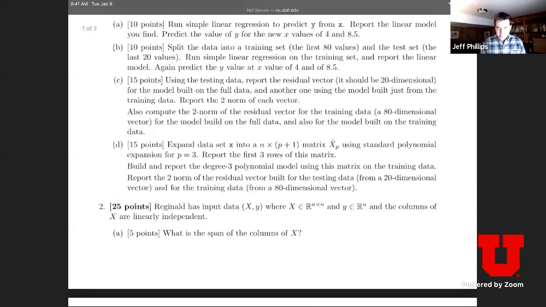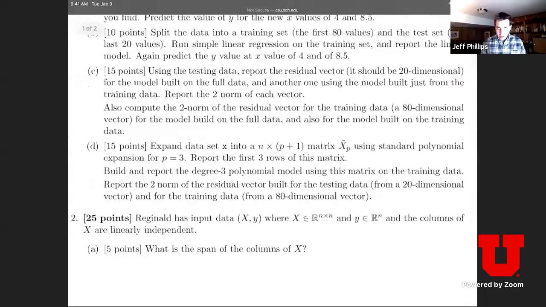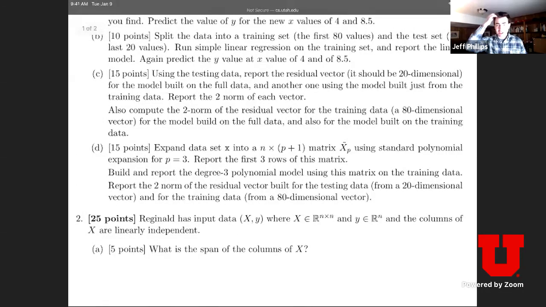For part D, I want you to actually work out the expansion. And if you use the built-in function I showed, you might be able to extract it from there, but you have to make sure it's doing the right thing. So I'd recommend you try and do part D by hand.